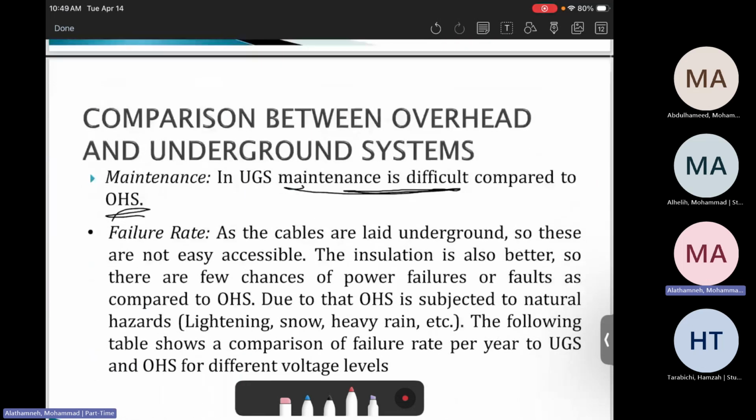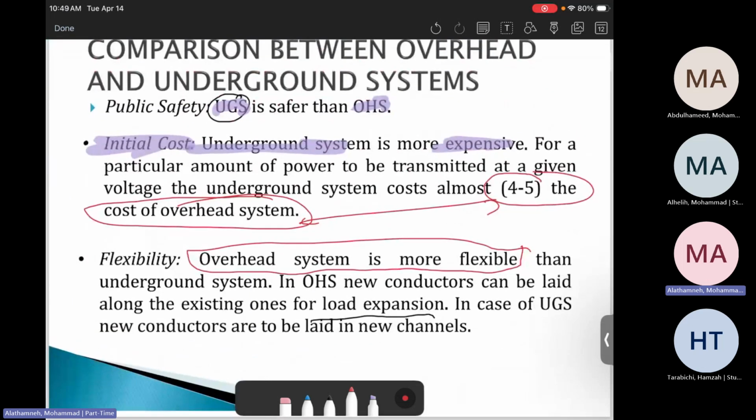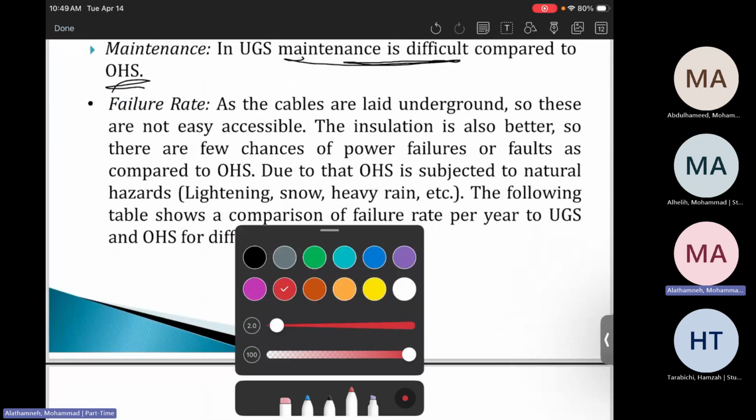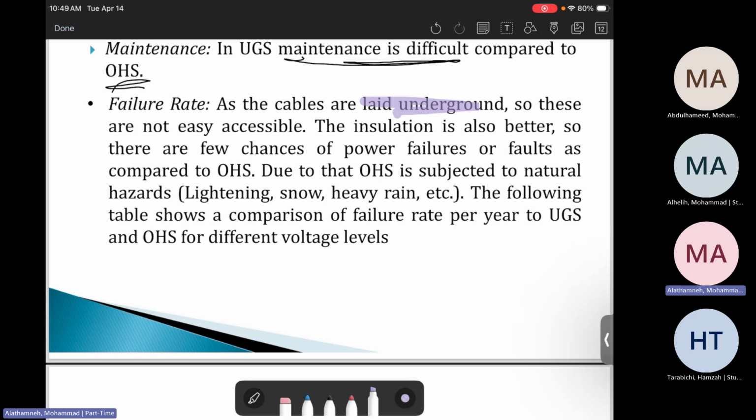While the advantages are that the failure rate is low and the safety is good. The failure rate in underground cables is low because the insulation is better, with very few chances of power failure, while in overhead systems, there is a high chance of failure due to lightning strikes, snow, heavy rain, and heavy wind.